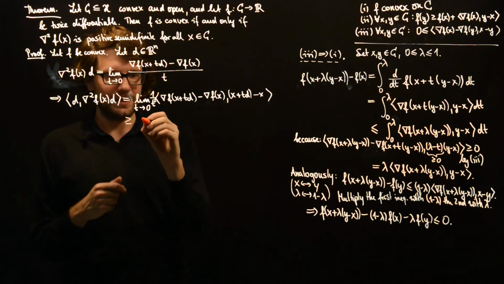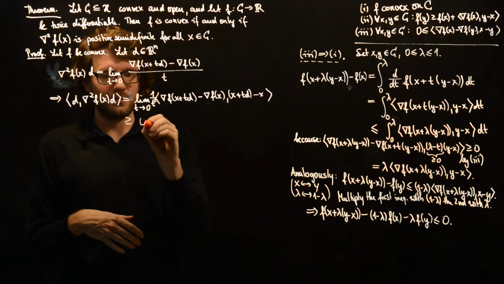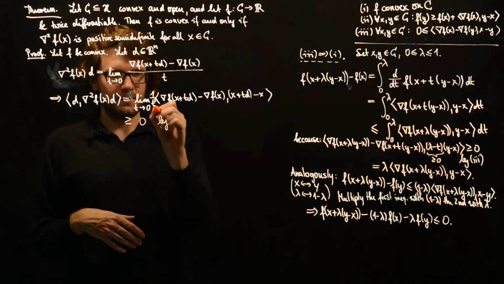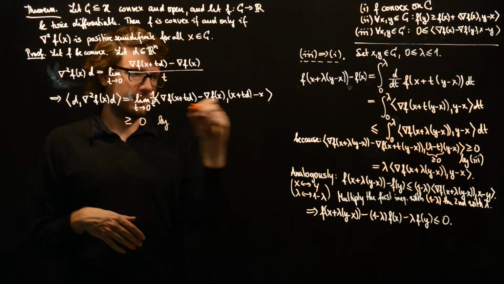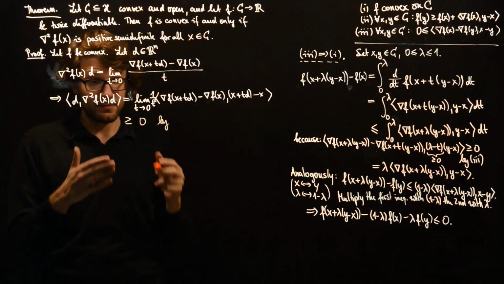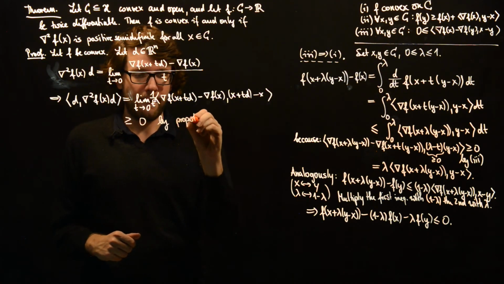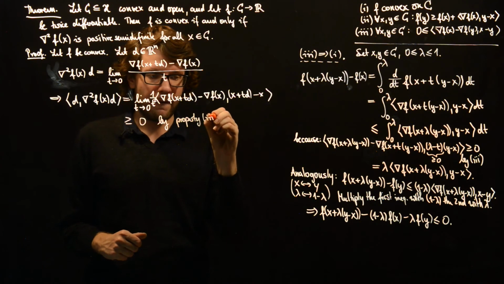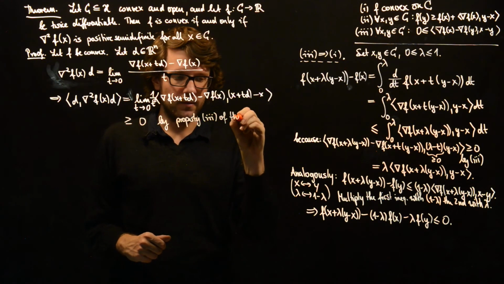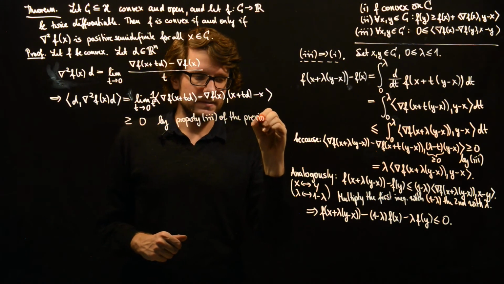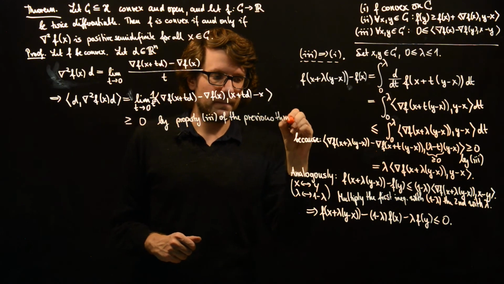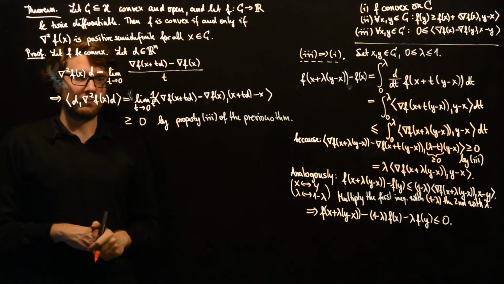So this is actually greater or equal than limit of t to 0 of 1 over t squared of something which is greater than 0. So this is greater than 0 by property 3 of the previous theorem. And we're done.